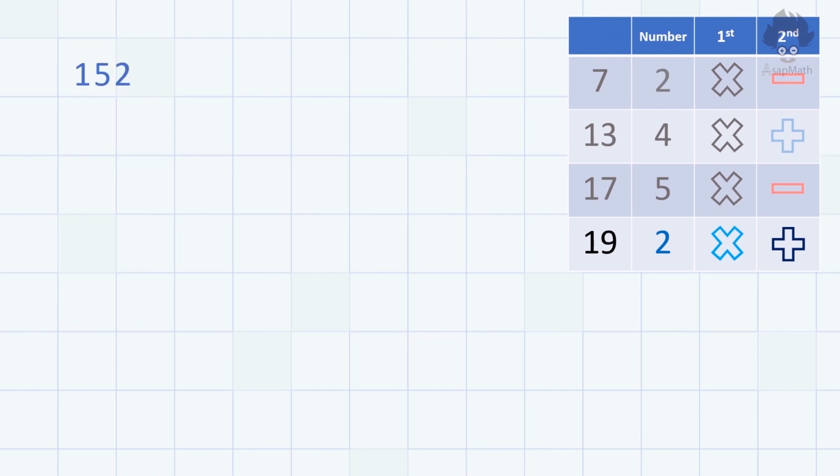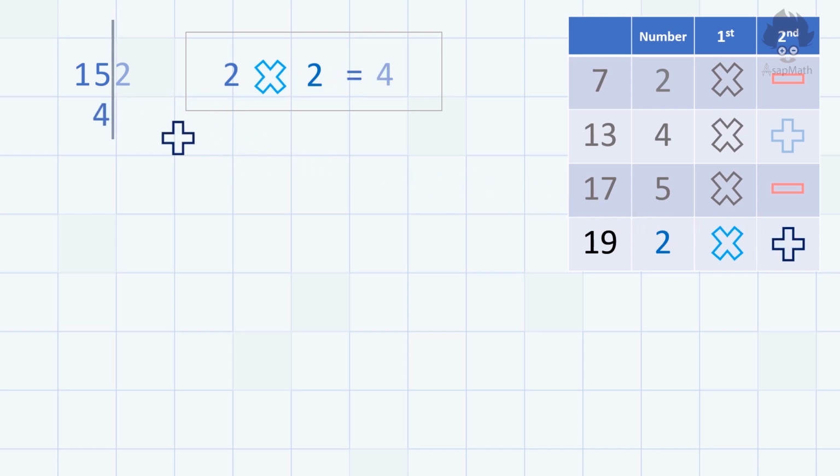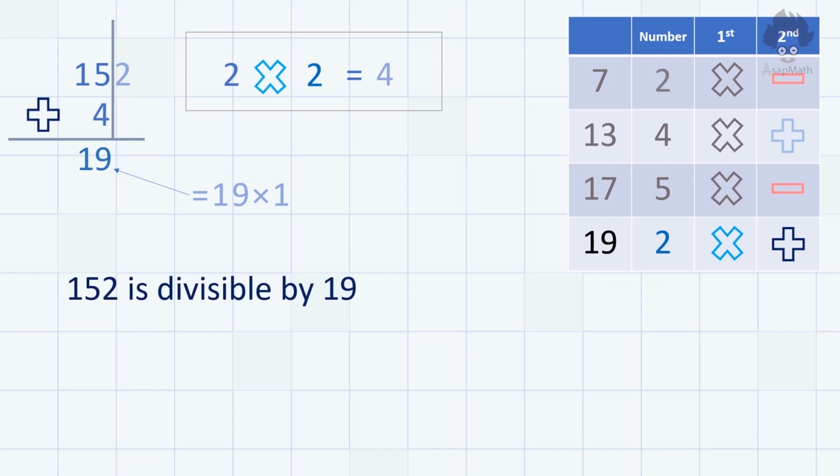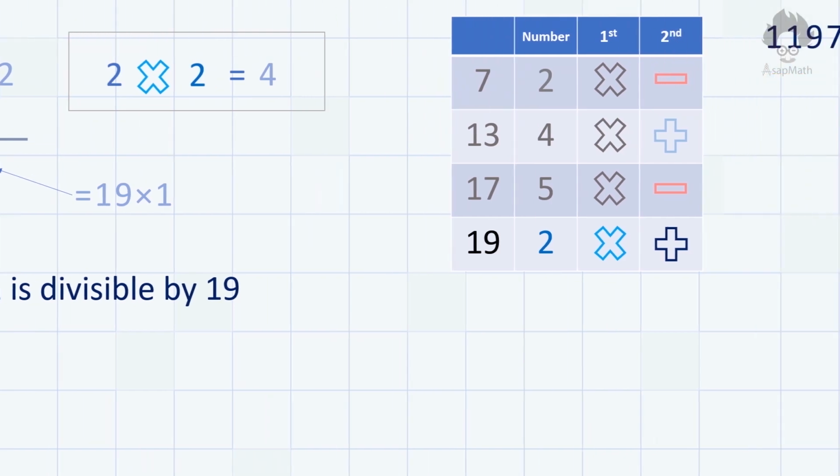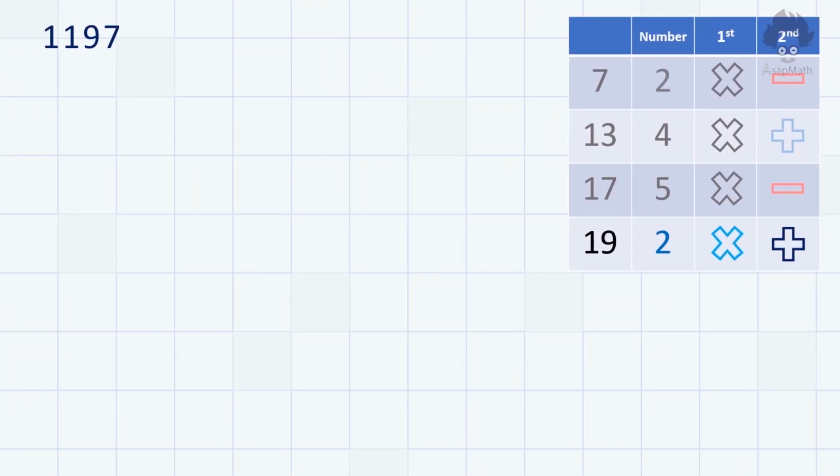Here, last digit is 2 and it is multiplied by 2. Then answer is 4. It is added to the remaining number. Answer is 19. So it is divisible by 19. Then whole number is divisible by 19. Let's go to another example.